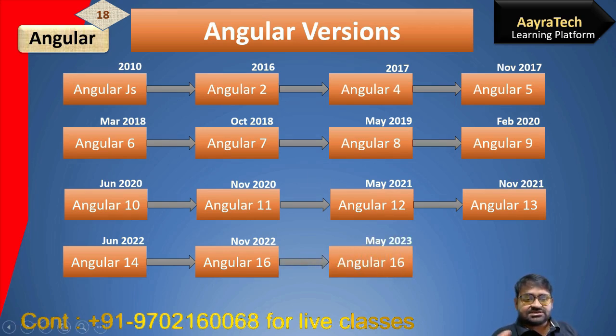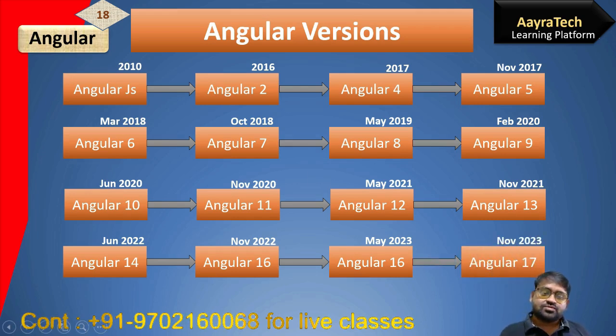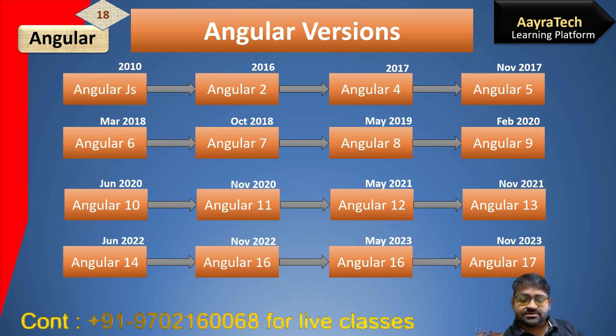And in the next year, Angular 16 was released again because there were some pending tasks in the release version. And in November 2023, Angular 17 came to the market. Here they improved debugging, server side rendering, and standalone components. So these are the features introduced in Angular 17.